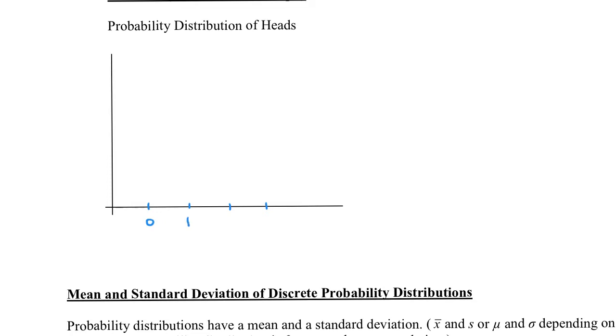We want to make them equally spaced. Essentially we're going to have something that looks like a histogram. In fact, the book will call these a probability histogram. But don't think of it like a frequency histogram like we made in the first chapter. These are different. These are probability distributions.